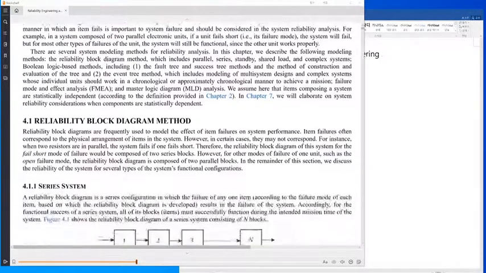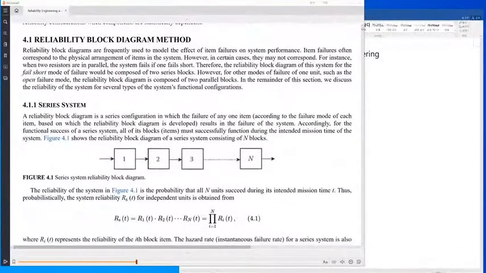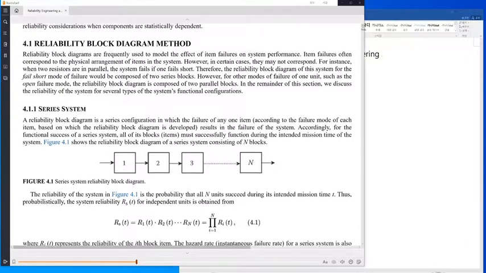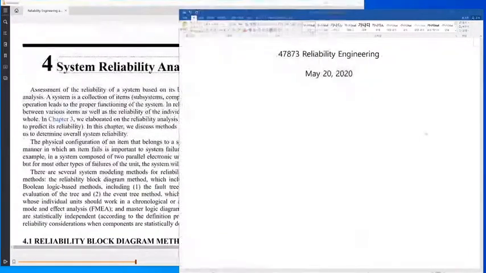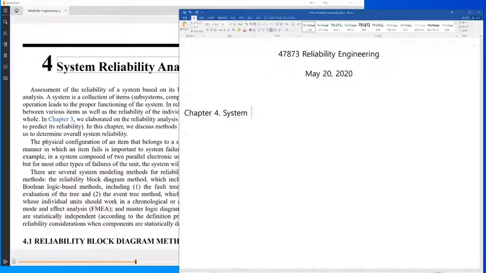So we are going to talk about chapter 4. Let me write down the title. Chapter 4 is about system reliability analysis.